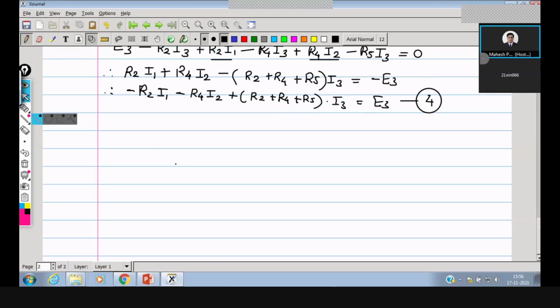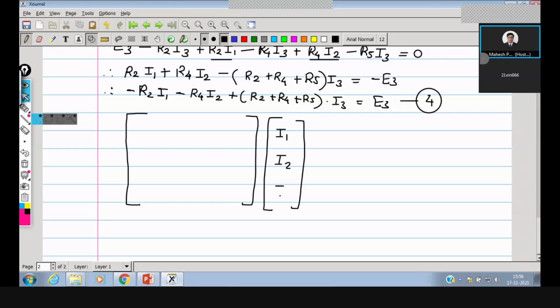So in matrix form, we can write the 3 unknowns multiplying with the currents. So there are how many currents? I1, I2 and I3. And similarly, we can write E1, E2 and E3.